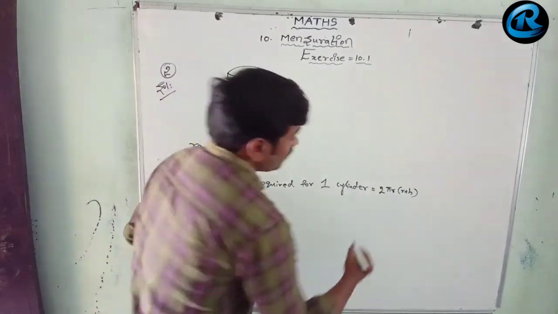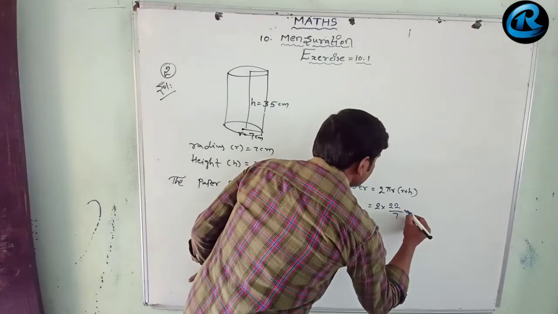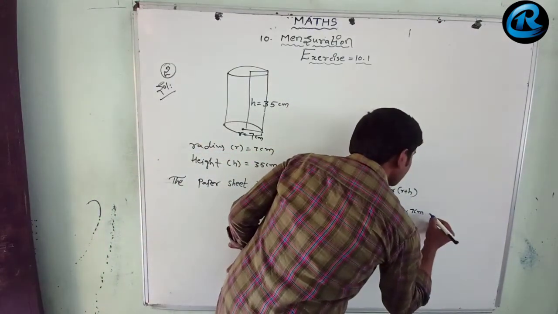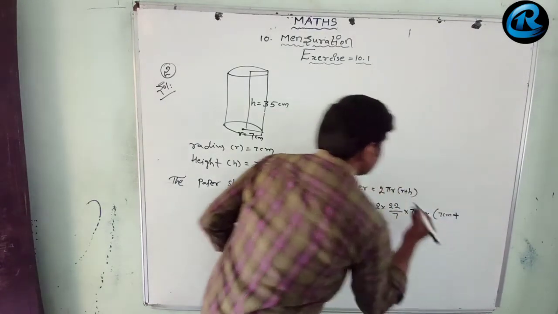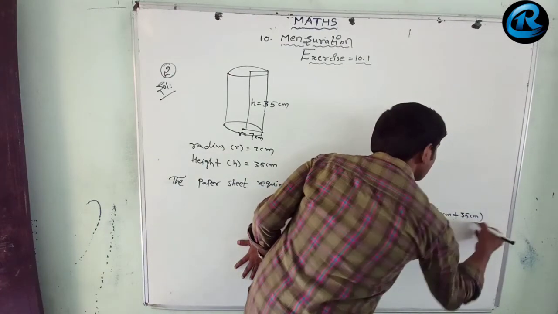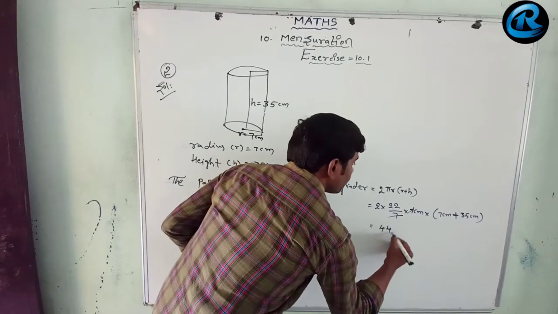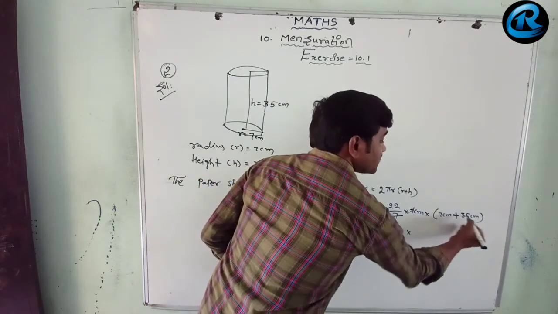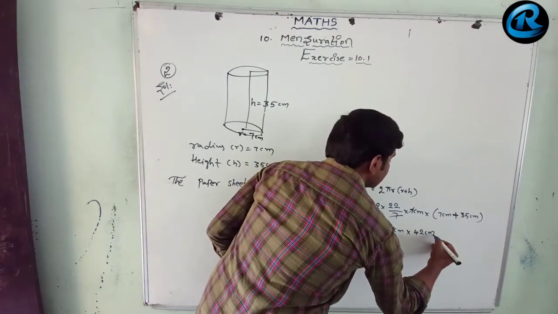Let us use 2 into 22 by 7 into r, which is 7 centimeters, into r plus h, that is 7 centimeters plus 35 centimeters. Here the 7s get cancelled. 2 into 22 is 44 centimeters, into 7 plus 35, that is 42 centimeters.